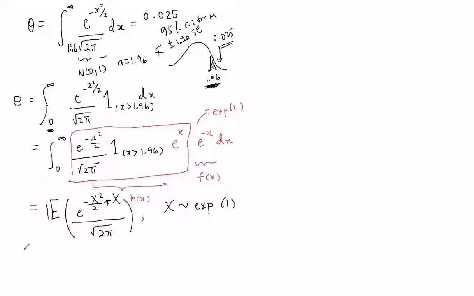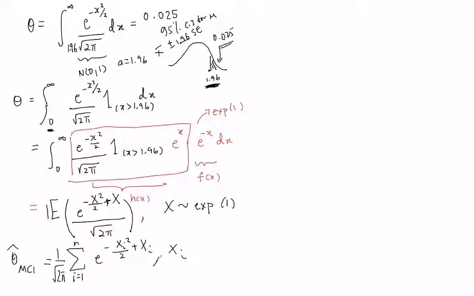Therefore, your Monte Carlo estimator here will be the summation, 1 over square root of 2 pi, i from 1 to n, e to the minus xi squared over 2 plus xi.